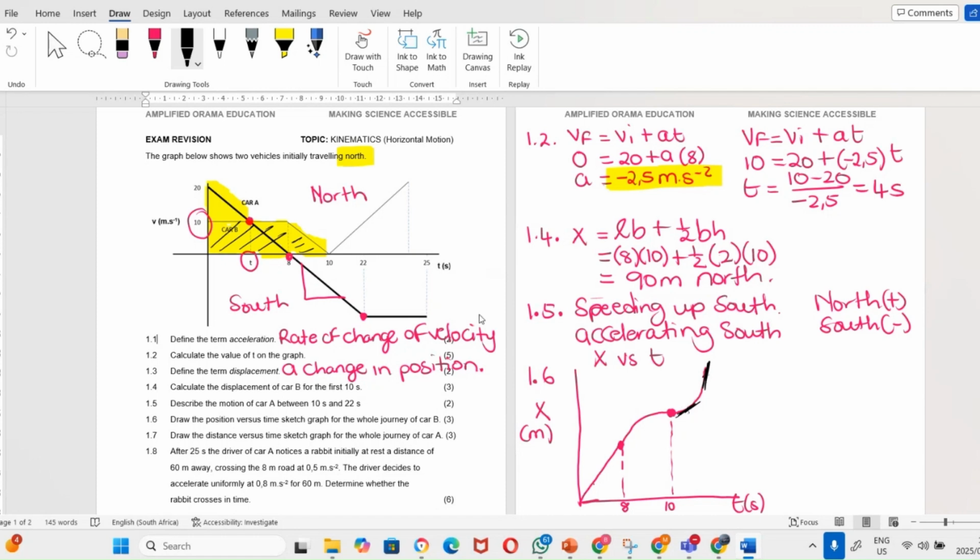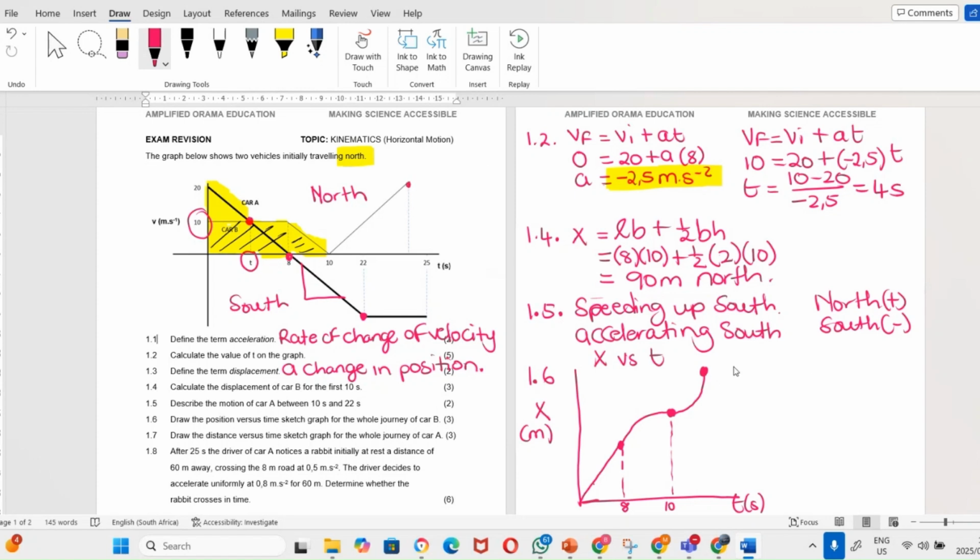So that would be how that looks. Let me just remove those lines. And that would be pretty much how your graph would look. It would end there, we don't have the time for that part.